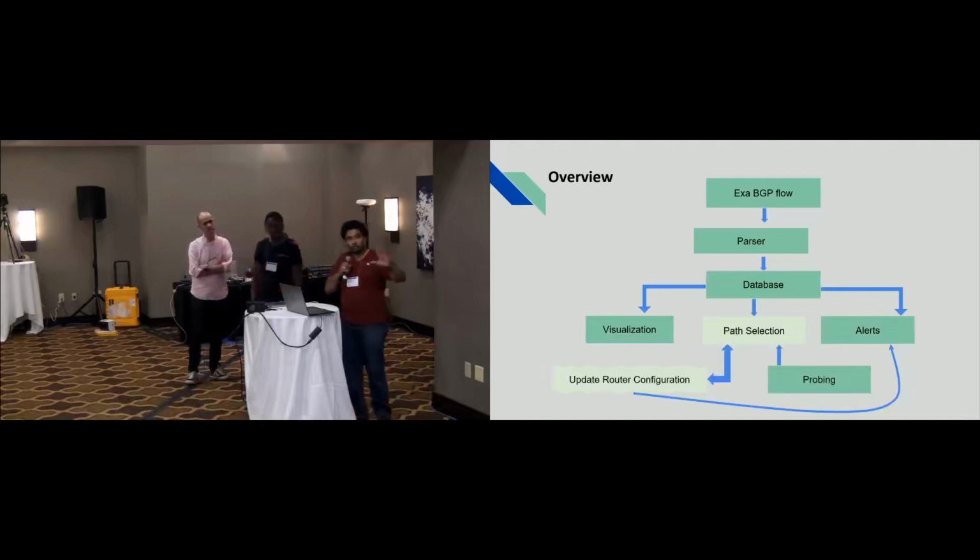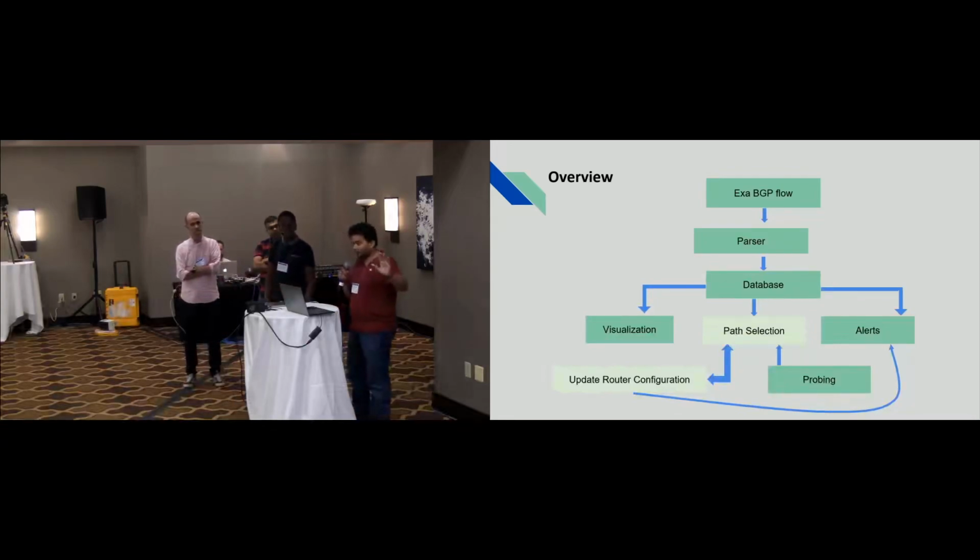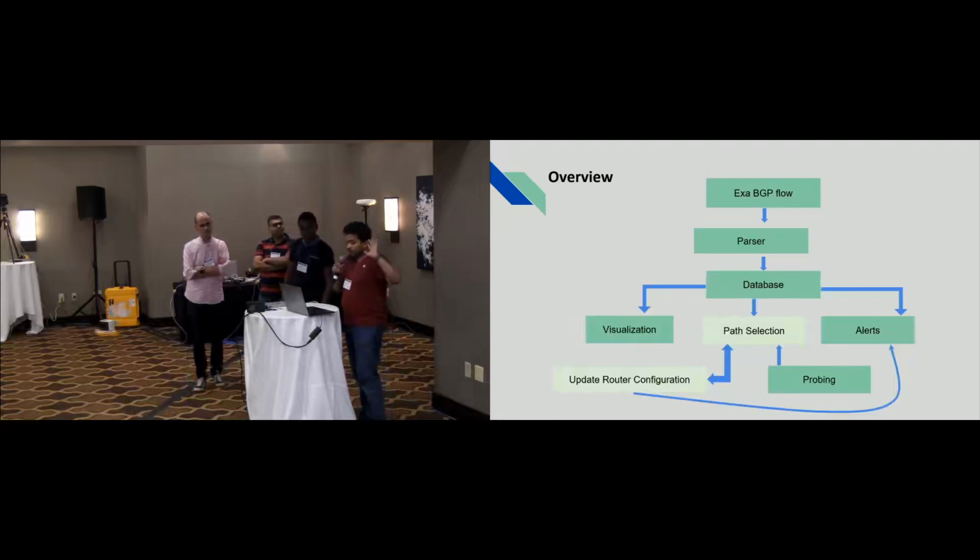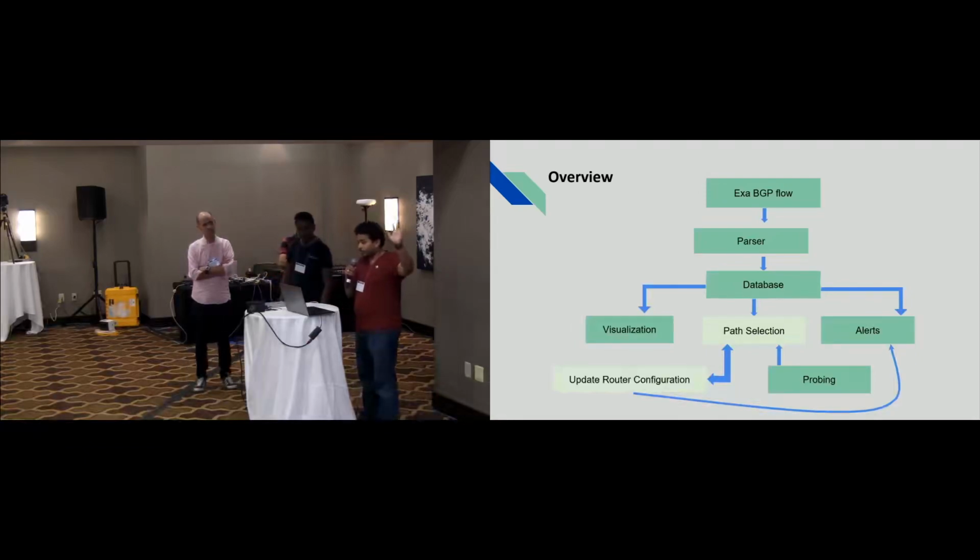So this is the overview block diagram of what we were trying to do. The ones in dark green are the ones which we were successfully able to do, most of it, and the light green ones are where we ran out of time and were unable to implement it. As you can see, we used XRBGP to collect the flows, and we wrote a script to parse that information and write it to a database. For this hackathon, we just used CSV.